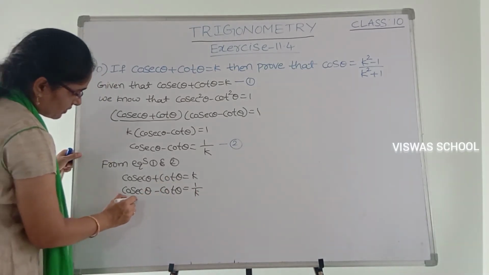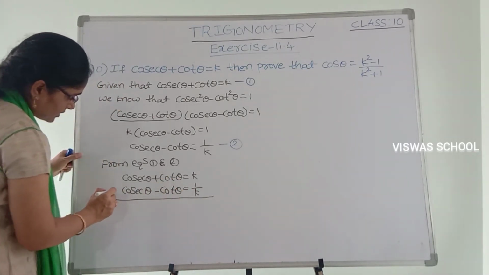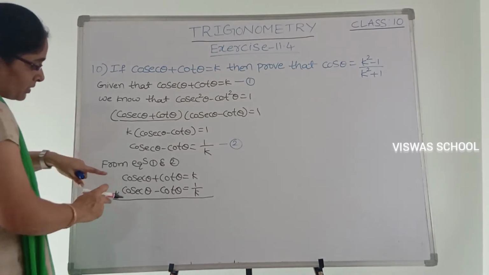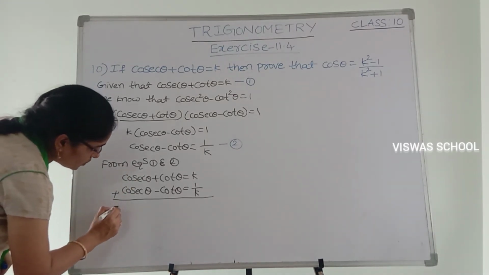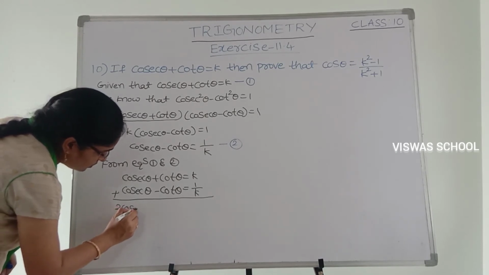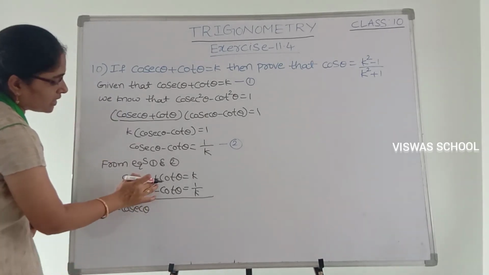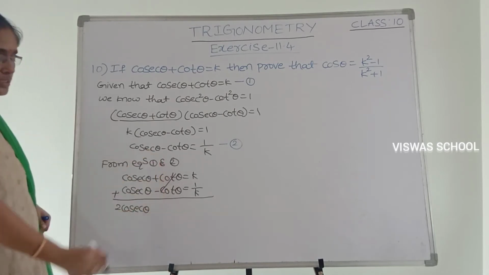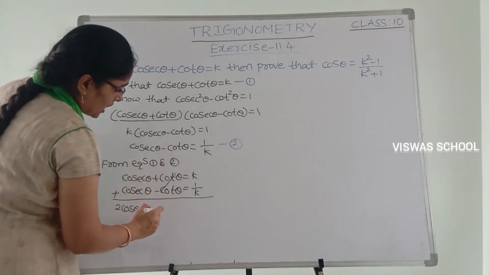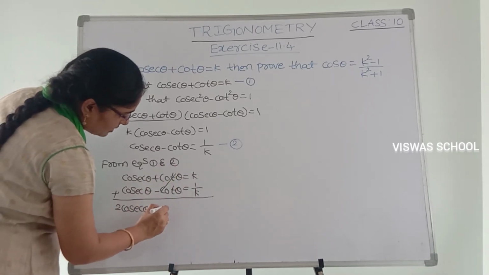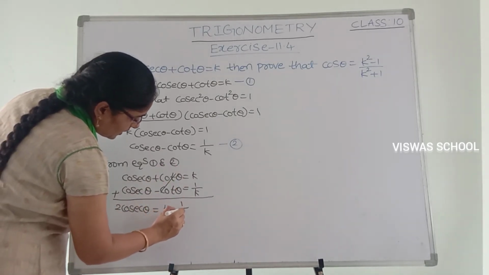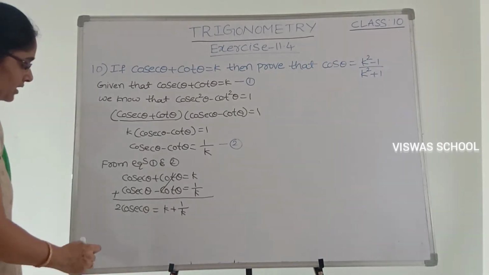Solve these two equations by adding them. Cosec theta plus cosec theta is 2 cosec theta. Plus cot theta minus cot theta, these two cancel. And the RHS part is k plus 1 by k.